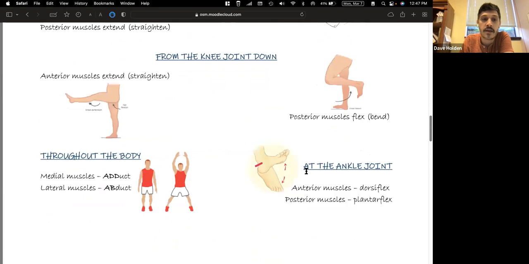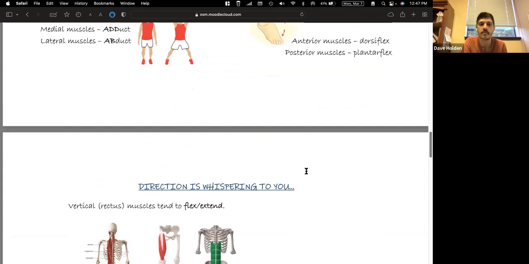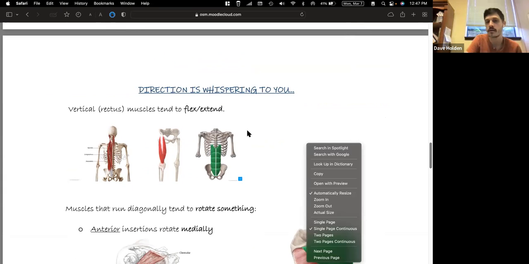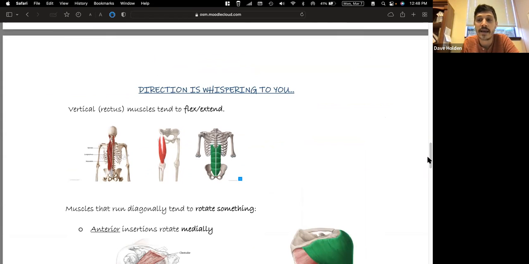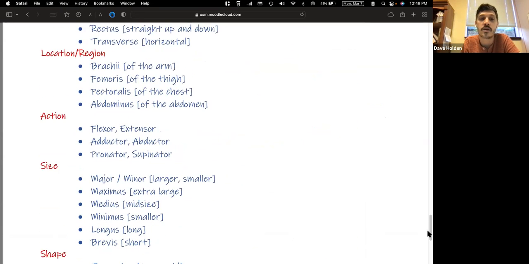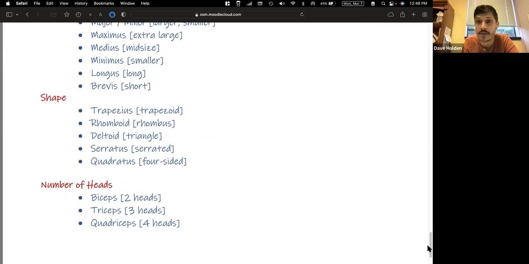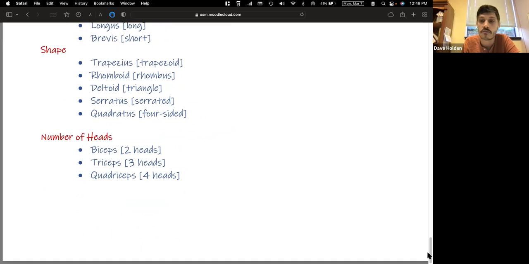So knowing that medial muscles will adduct, lateral muscles will abduct, anterior muscles plantar flex or dorsiflex, posterior muscles plantar flex. I put this together just because it's a really nice way of encapsulating all of the big concepts in kinesiology. And then all these words, make sure we know the definitions of these words, not because you're being asked to define them, but because the names are telling you something about what those muscles are trying to do.